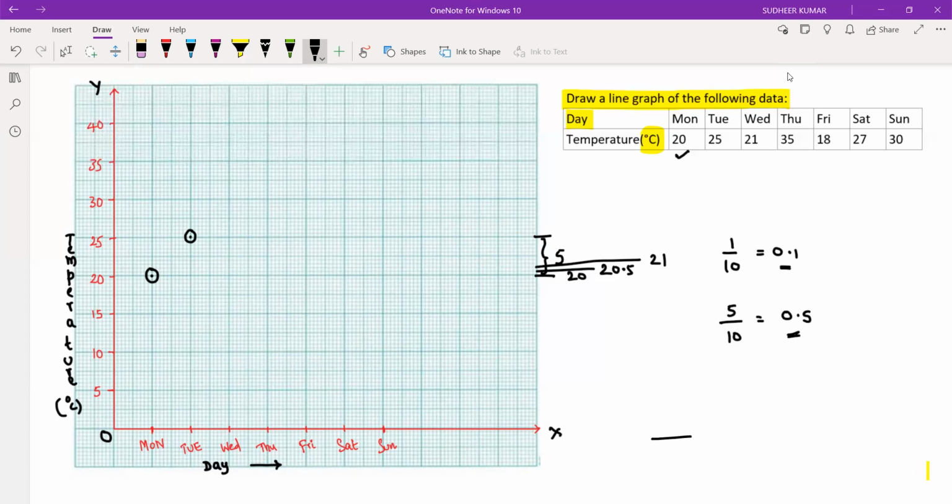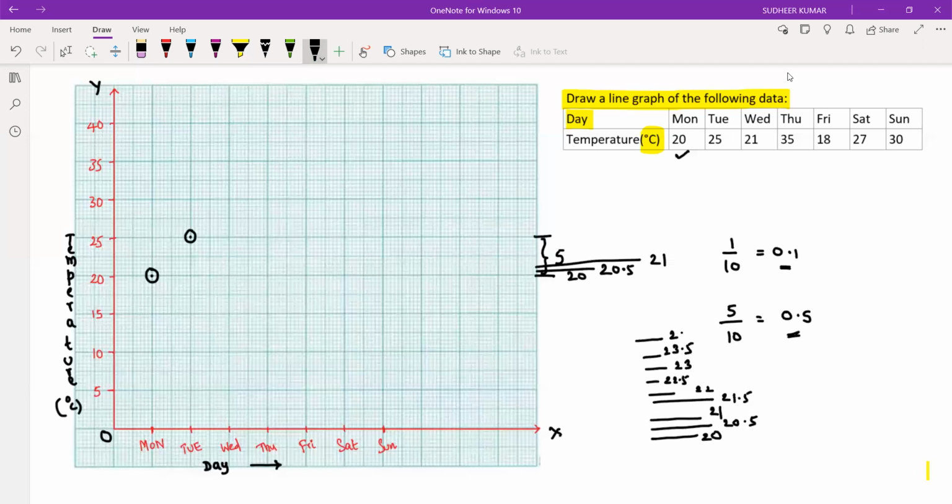So there are 10 lines, right? Starts with 20. The next one is 20.5. The next one is 21. And the next one is 21.5. The next one 22. And the next one 22.5. Next one 23. The next one is 23.5.